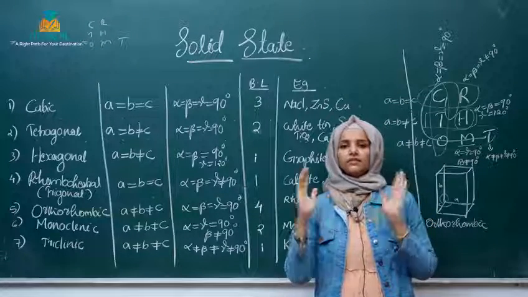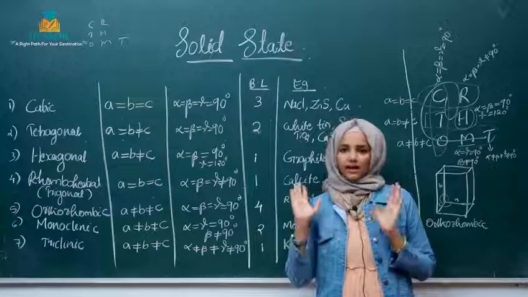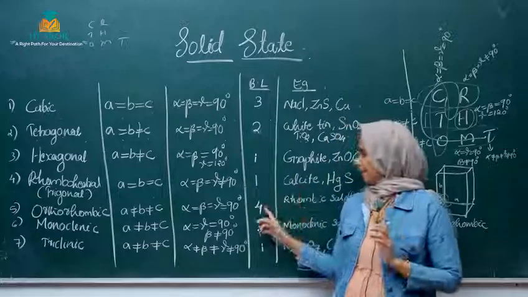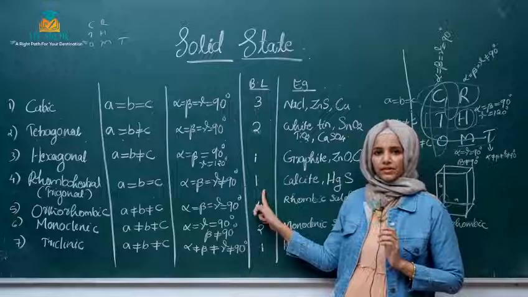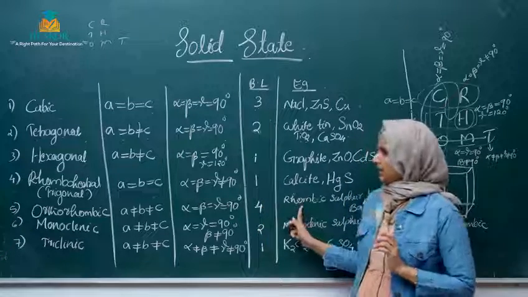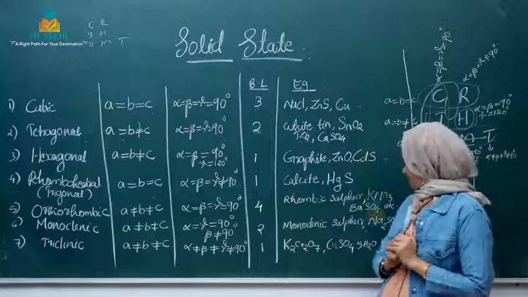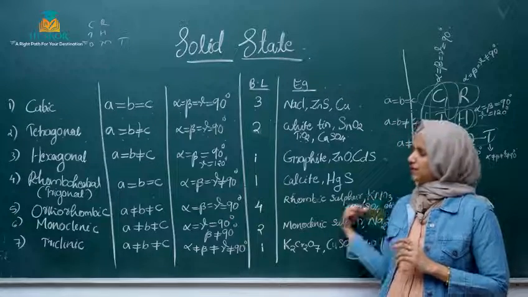Do you remember? Examples are rhombic sulfur, BaSO4, KNO3, etc.